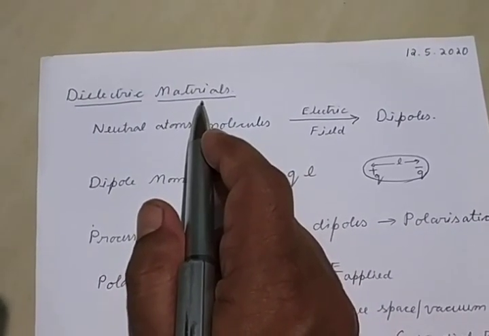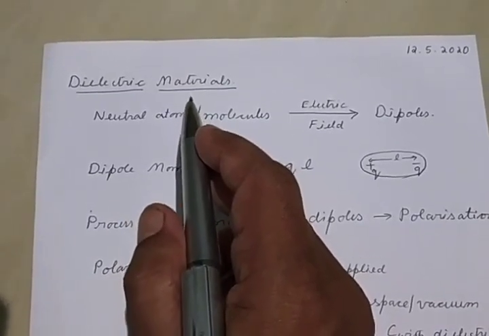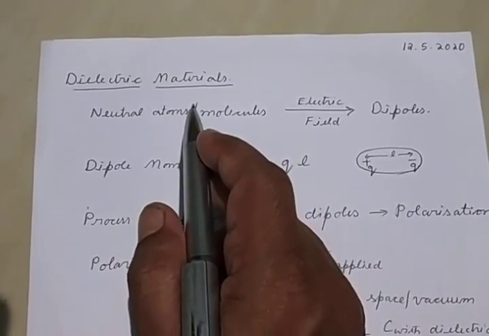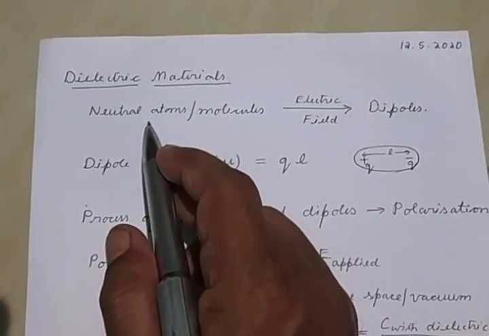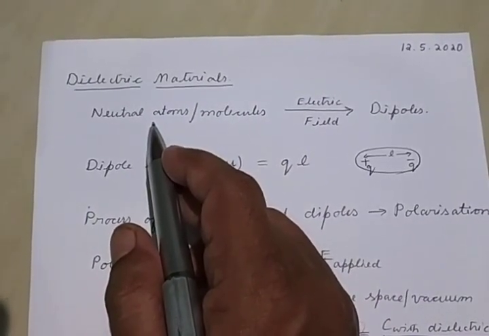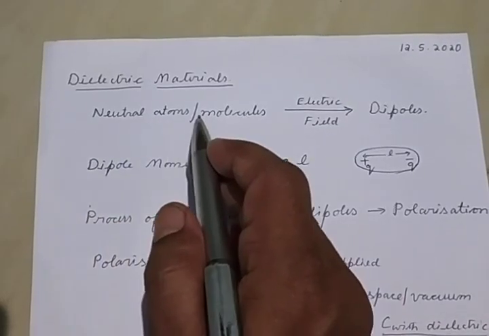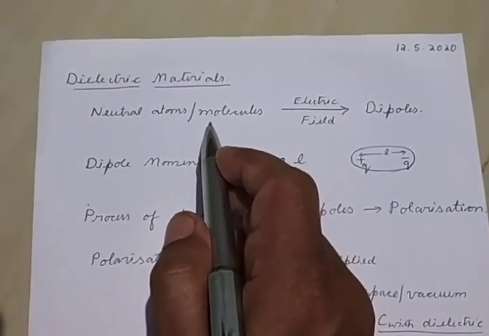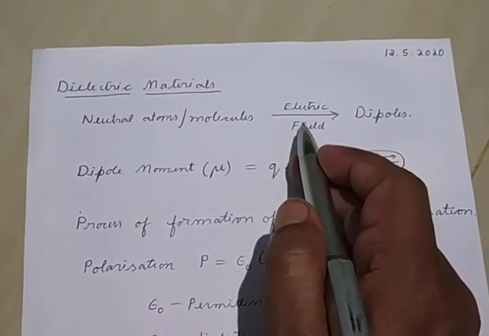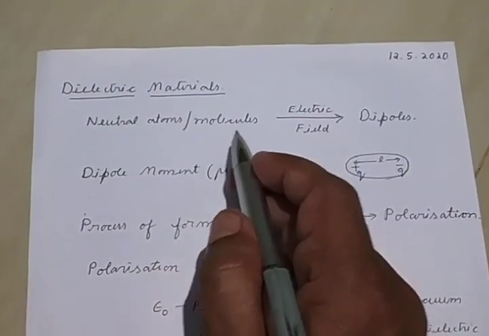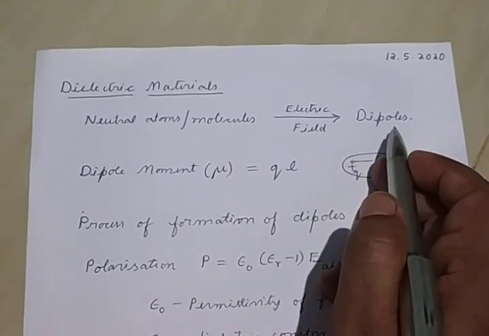The dielectric materials are basically non-conducting materials which have the property to undergo polarization. So what is this? Let us see. You see that initially we have neutral atoms or molecules in the material. When we apply the electric field to that material, these neutral atoms or molecules turn into dipoles.